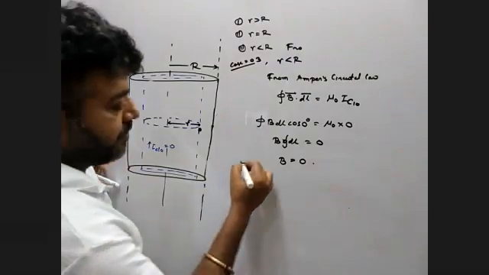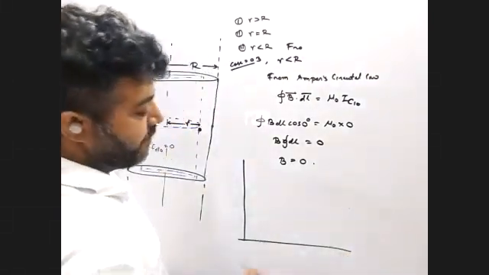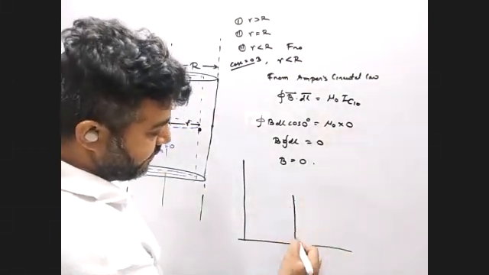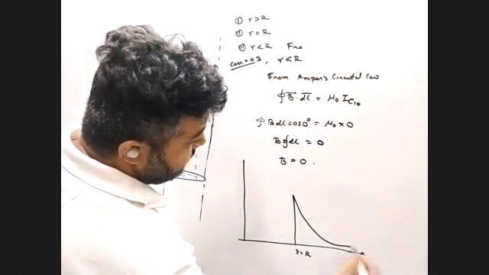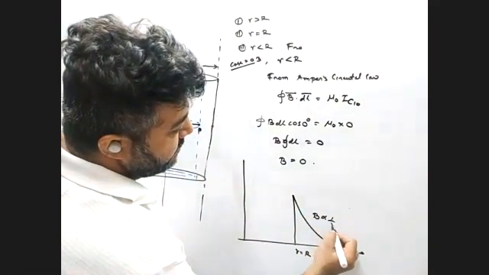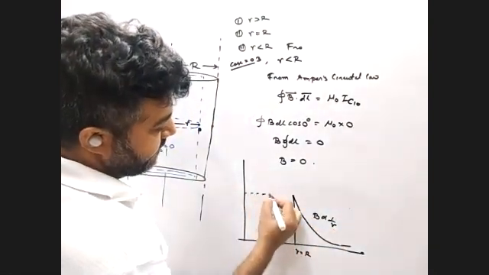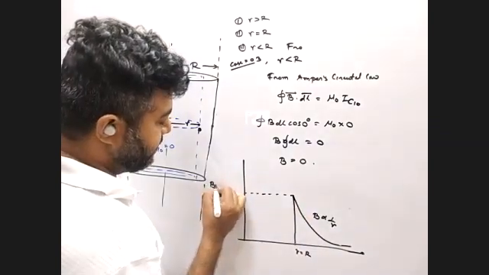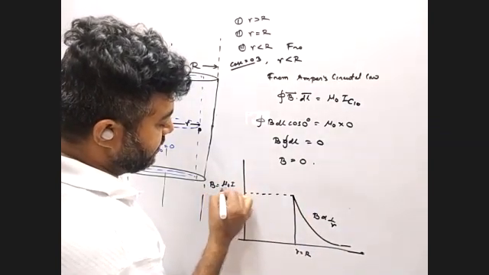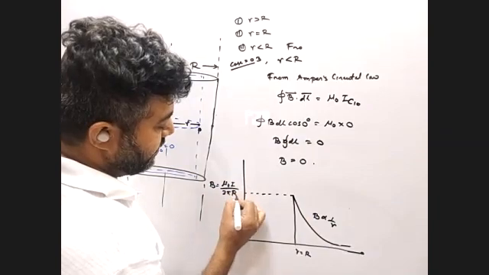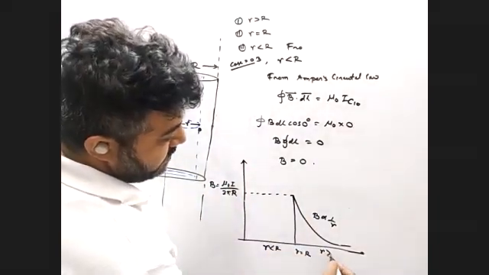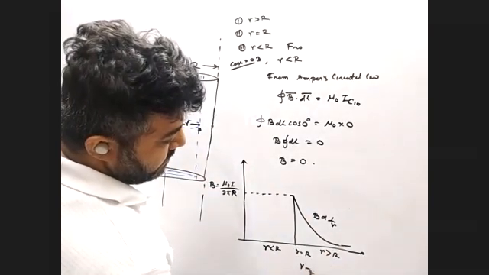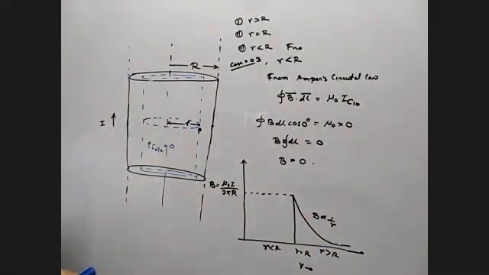So if you want to draw the graph, at small r equal to capital R, B is inversely proportional to R. B is equal to mu naught I by 2 pi R, for r less than R and r greater than R. So yeah, everyone?